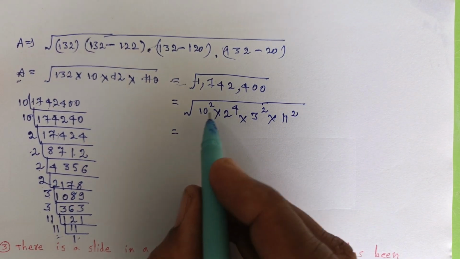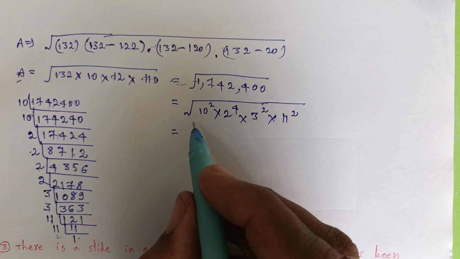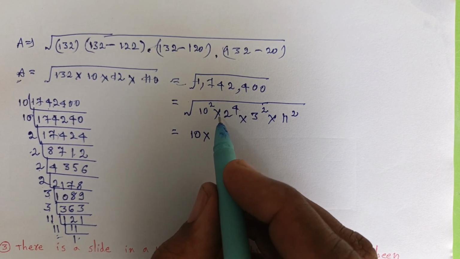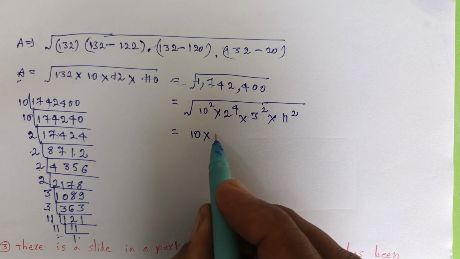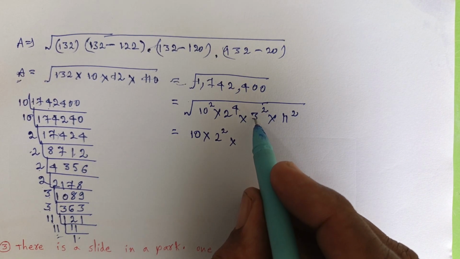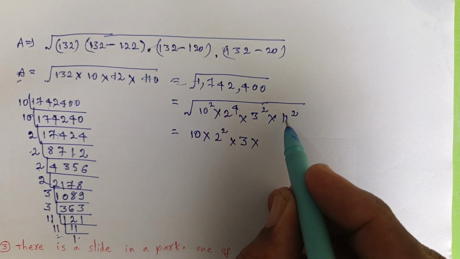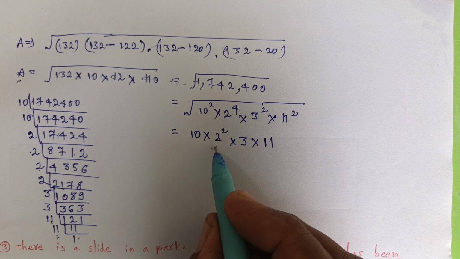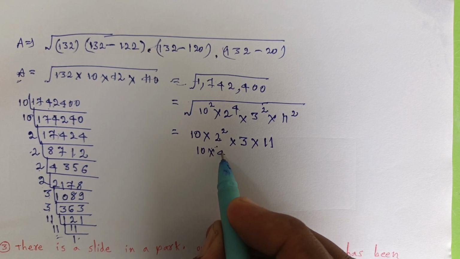So here we can cancel 10 square and the square root gets cancelled, so you will get 10 here, and 2 power 4 under root of 2 power 4. In previous problem we already observed 2 square you will get, and here square and square root gets cancelled, you will get 3, and here also you will get 11 only. So 2 square means here, in other words, you can write 4.